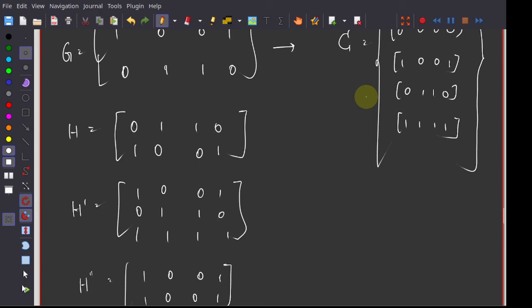So if you conclude that all these three are valid parity check matrices, okay, number of rows, fine. You're saying number of rows. So you're saying that this is a parity check matrix for the code.